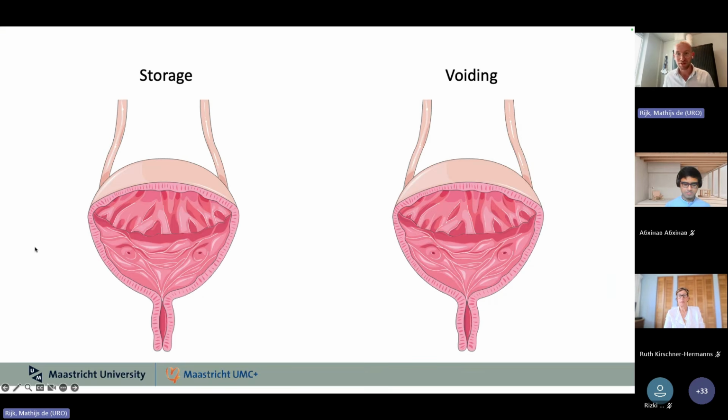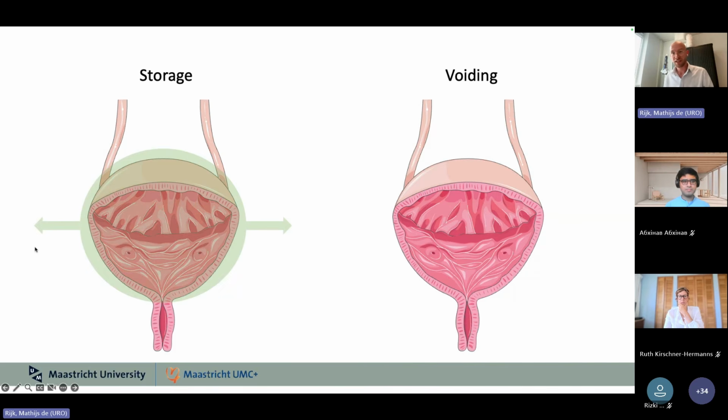Just a very short and very simple start, which is likely redundant, but it's just good to keep in mind. So the lower urinary tract or bladder has two functions: storing urine and voiding. And to facilitate that, the reservoir, the bladder itself, and the outlet region have, of course, opposing functions.